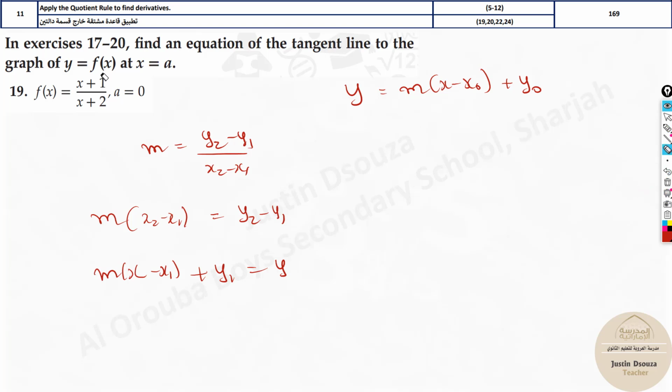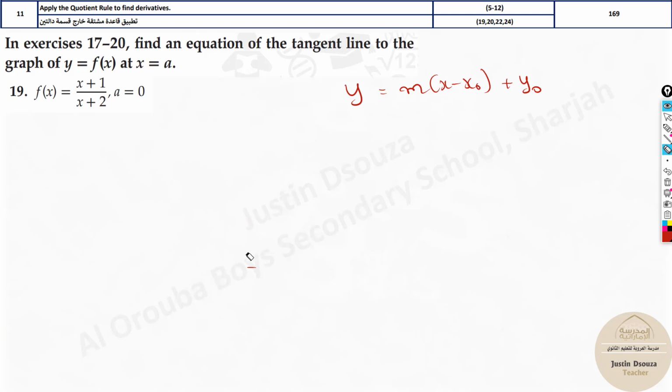Now what next? Here I will tell you what are the things we require. We require x naught, y naught. Whatever is given to us, this is the initial value, x naught. What is that value? That is a. X naught over here is given. They will mention it as a value 1, 2, 3, like that. It's 0.